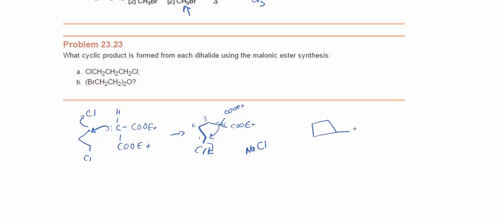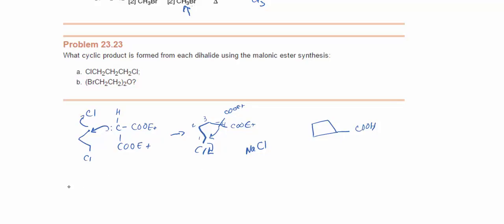And we still have our esters. Then we're going to go with the last step, hydrolysis and decarboxylation. So first things first, we're going to remove these ethyls and replace them with hydrogens. That's our hydrolysis. And then our decarboxylation, where one of these gets removed entirely. So that will be our product for A.